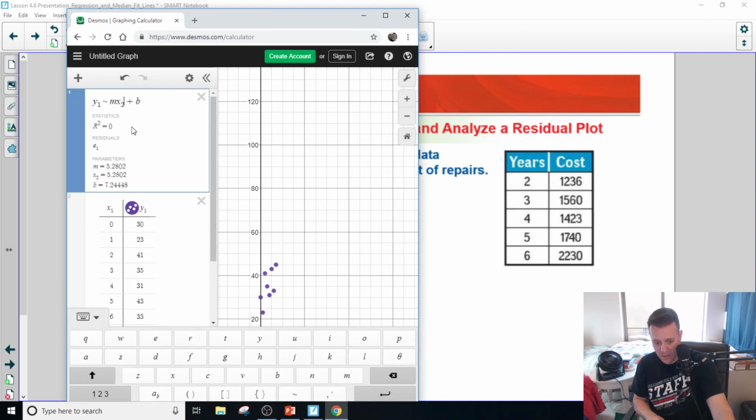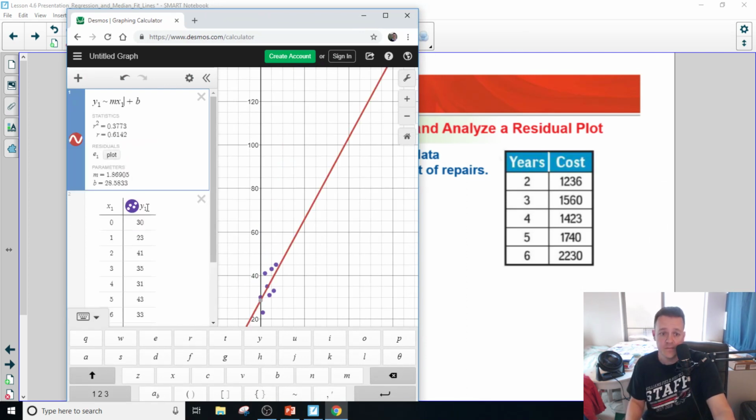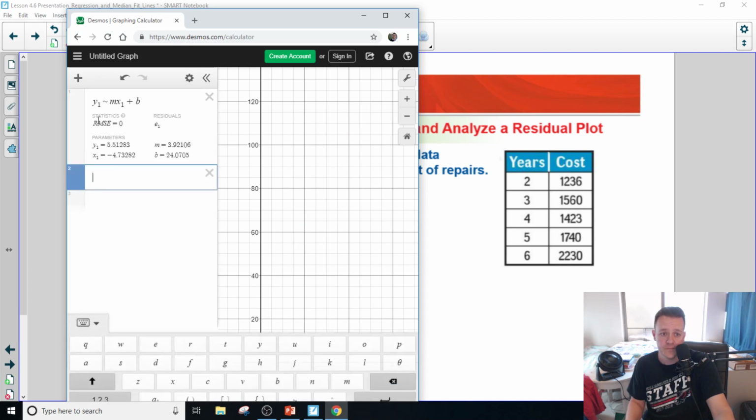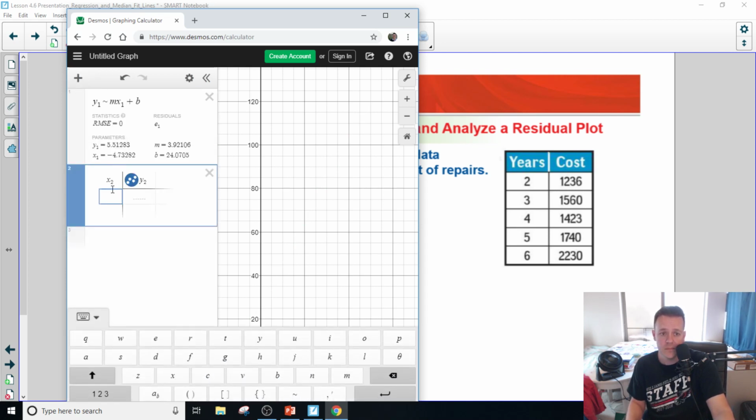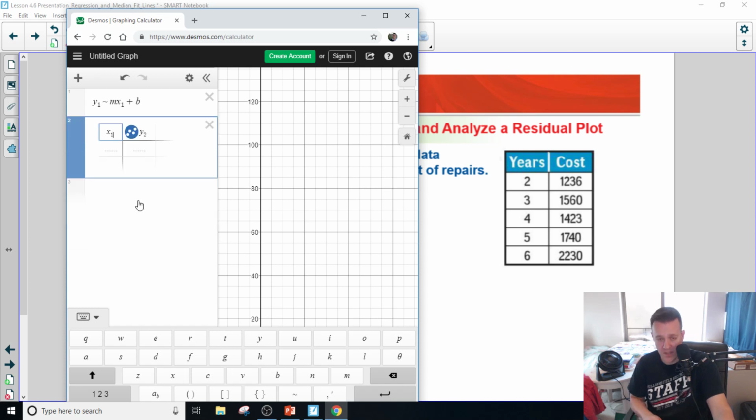Change this back to 1. Change these to 1.